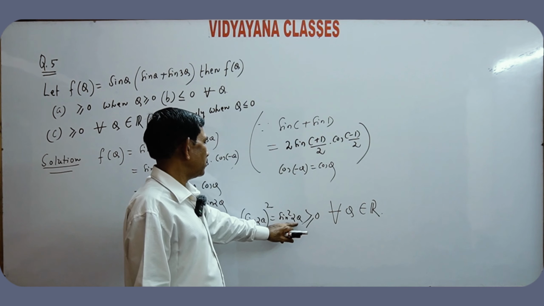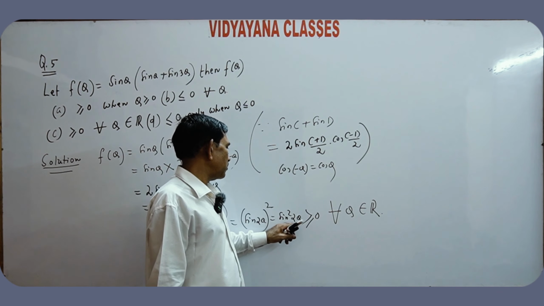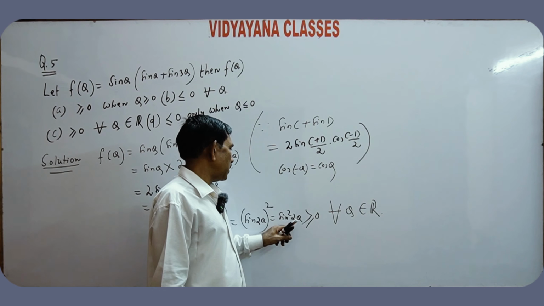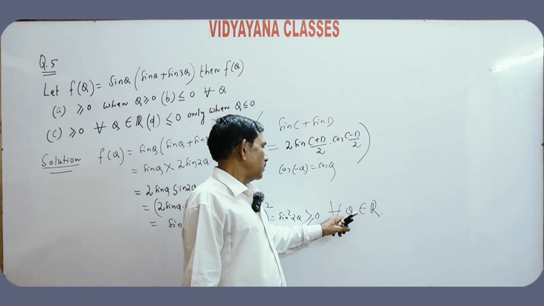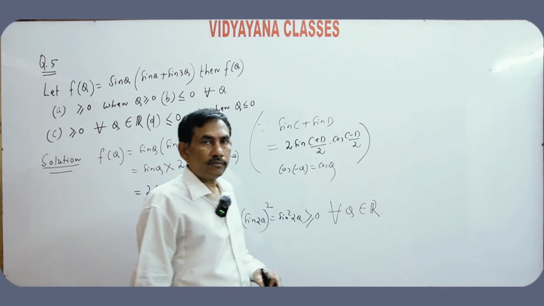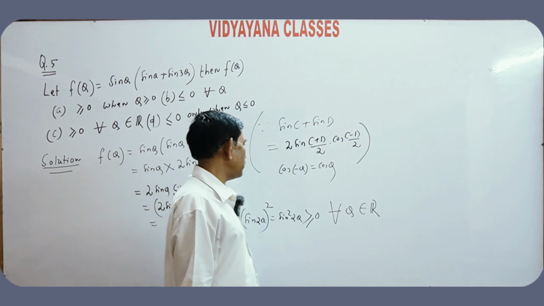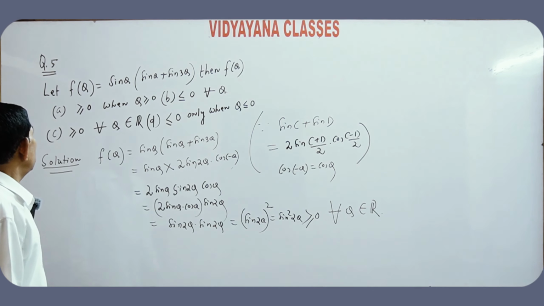If theta is equal to 0, then sin square 2 theta is equal to 0, otherwise greater than 0 for every real theta. That means theta belongs to the set of real numbers.